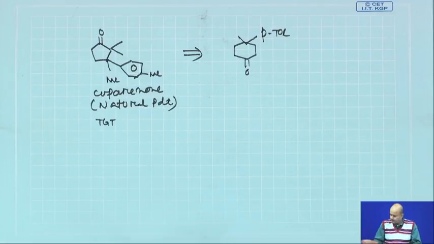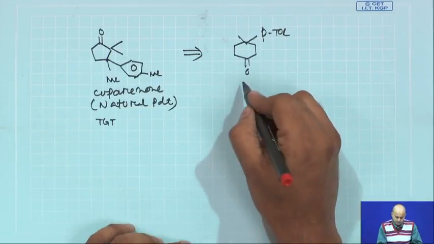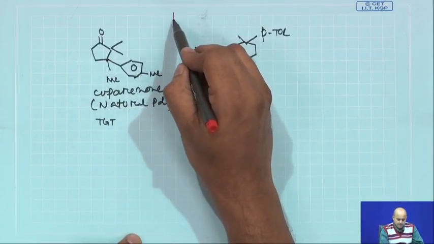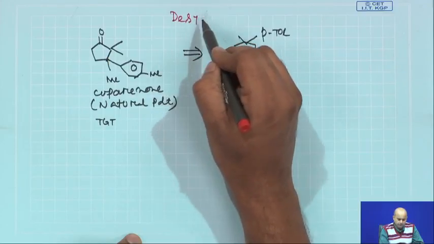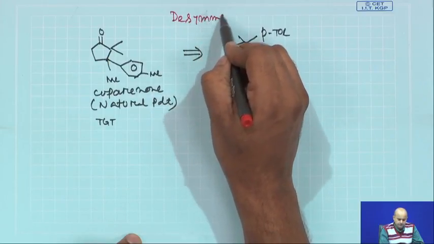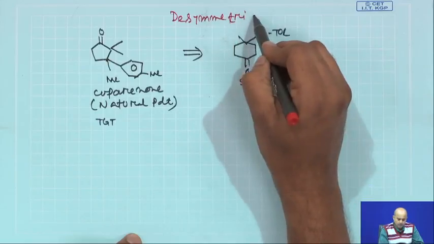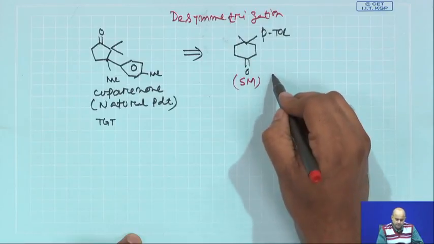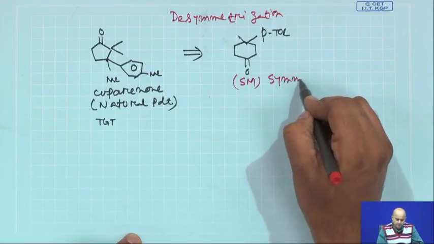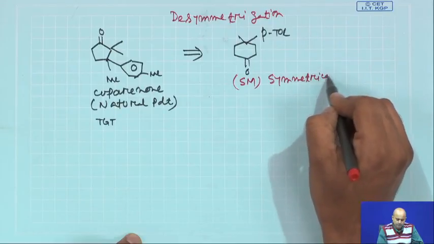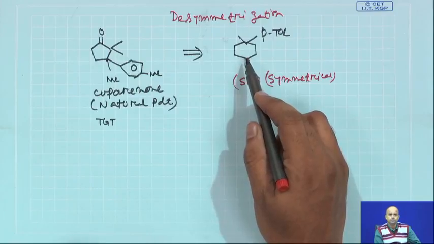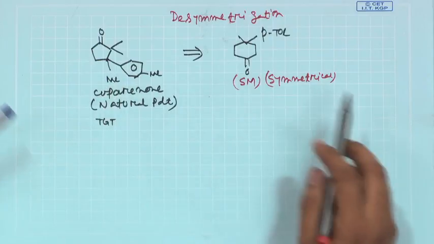The starting material, if you see, is a symmetrical starting material, and I say that our strategy will be based on a desymmetrization strategy. The starting material has a symmetrical structure, so you need to use a simple desymmetrization strategy to access the target molecule.